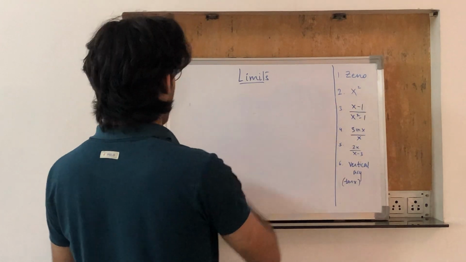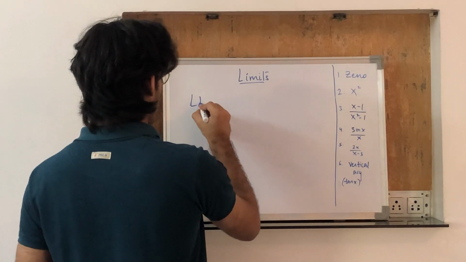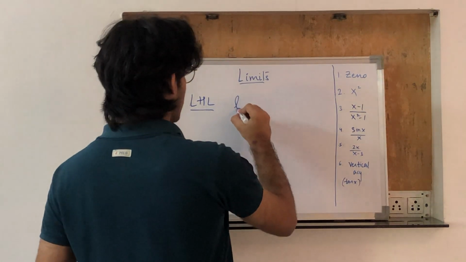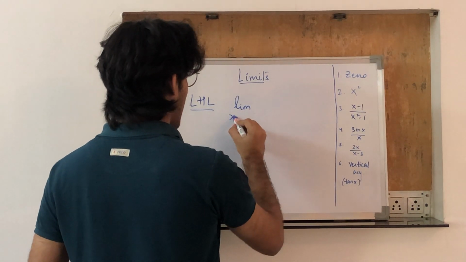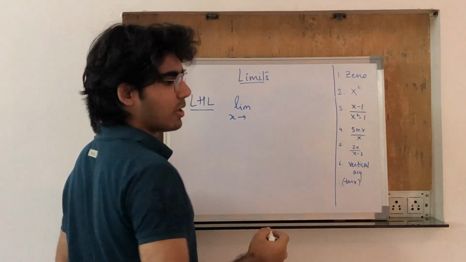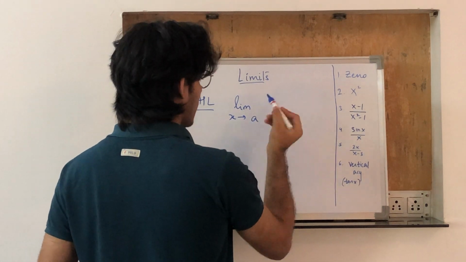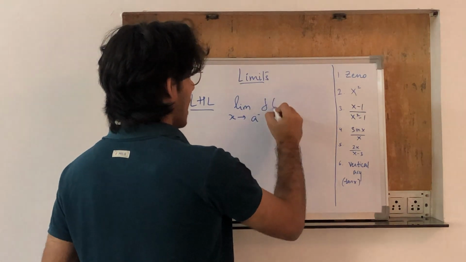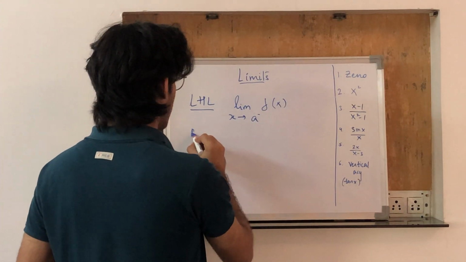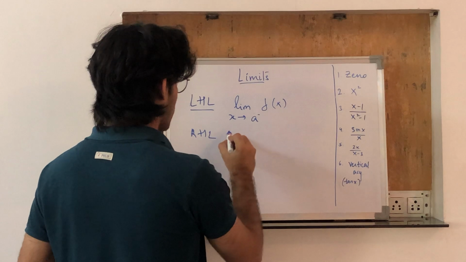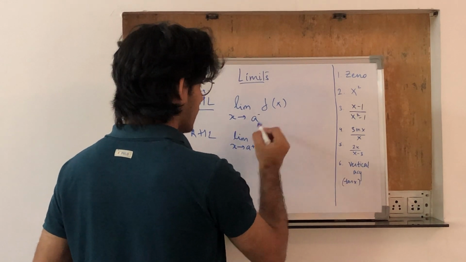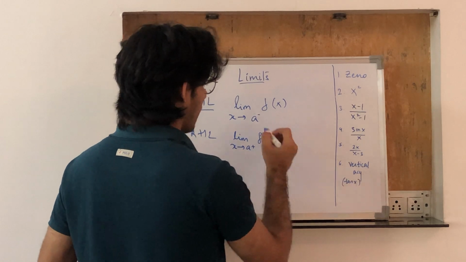So the left-hand limit for a function f of x is denoted as limit x tends to an arbitrary constant a, and since it's a left-hand limit, we put a negative sign here, f of x. And for the RHL, it's just going to be limit x tends to a plus of f of x.